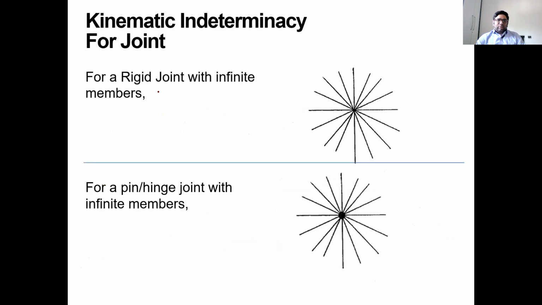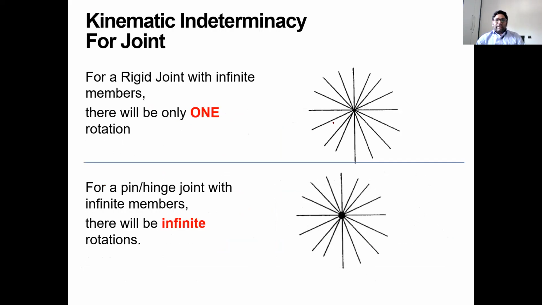Next, for a rigid joint, I have already explained about rigid joint as well as pinned joint. A rigid joint will make the structure stable. So therefore, there will be only one rotation. You can see this is like a spider web. If this is a rigid joint, it will make all the joints stable.